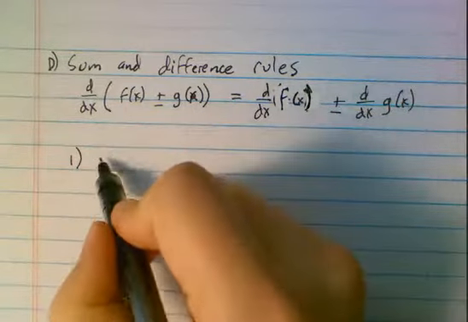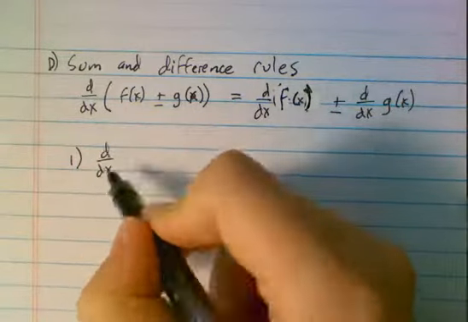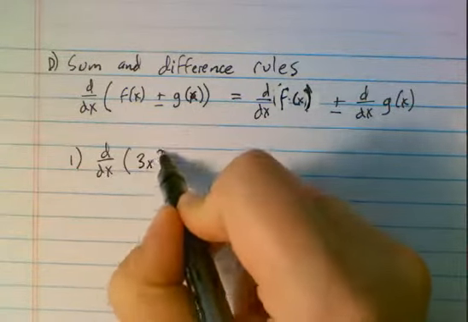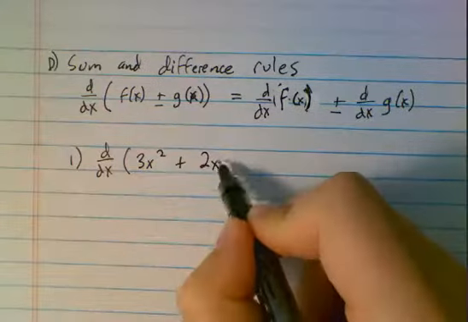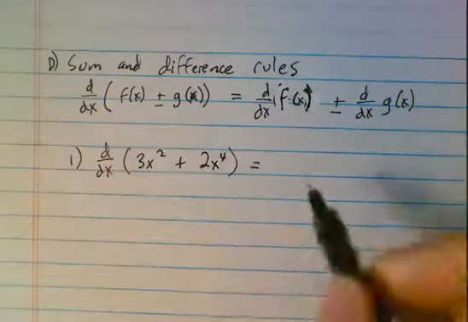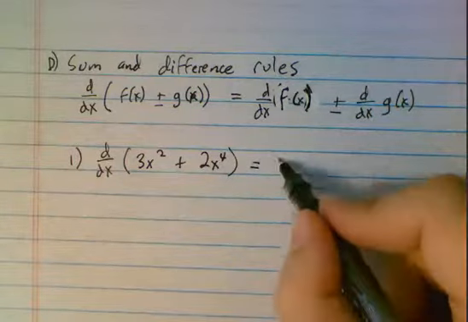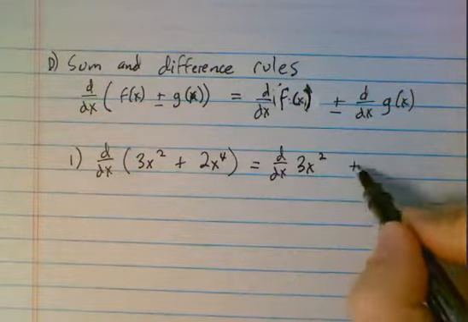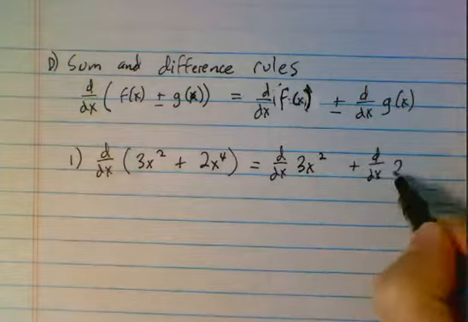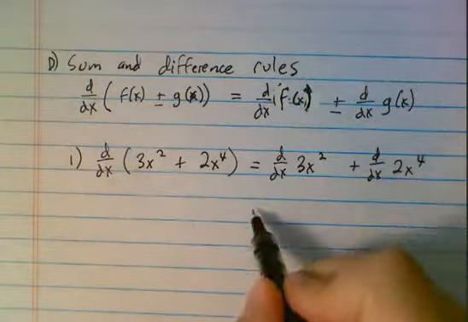So to give you an example of that, let's say that we're told to take the derivative of 3x squared plus 2x to the fourth. All we're going to do is take those two derivatives separately. Derivative of 3x squared plus the derivative of 2x to the fourth.